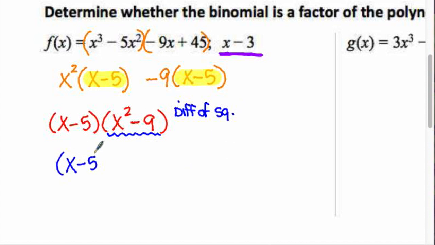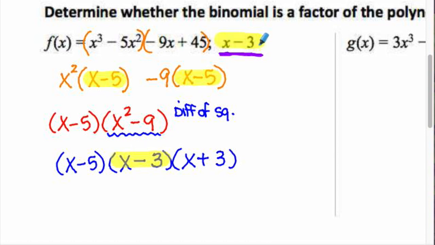So x minus 5, and remember our difference of squares will be 2 sets of parentheses. What's the square root of x squared, or what times itself gives me x squared? It should be x. And then here, the square root of 9 is 3. Put a plus in one and a minus in the other. Hey, look what I see. x minus 3. That's what it was asking about.